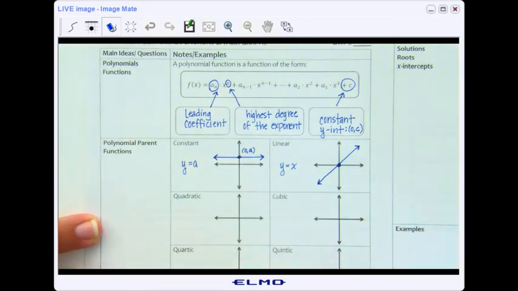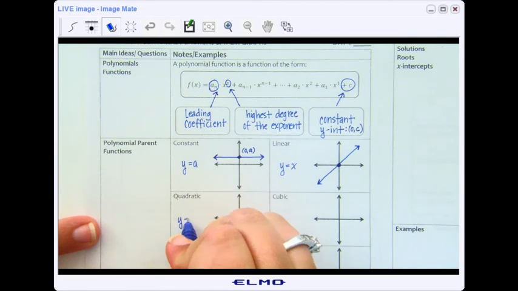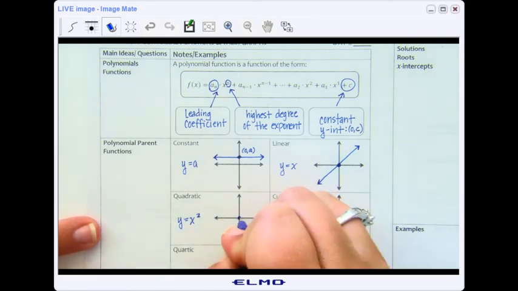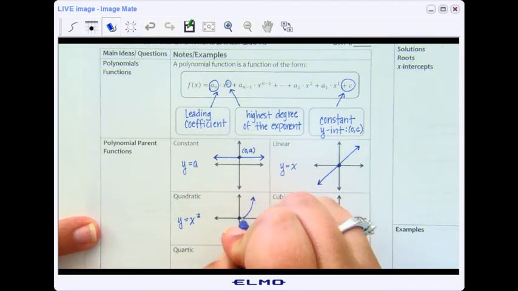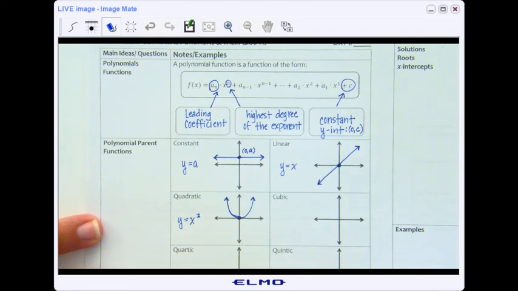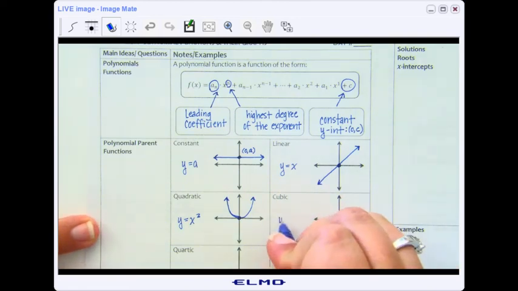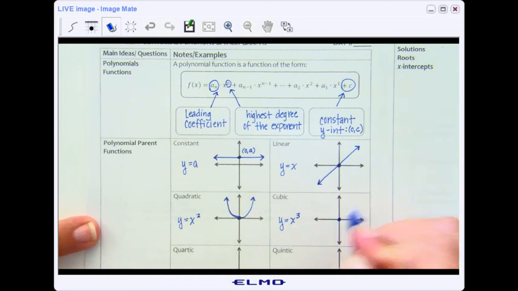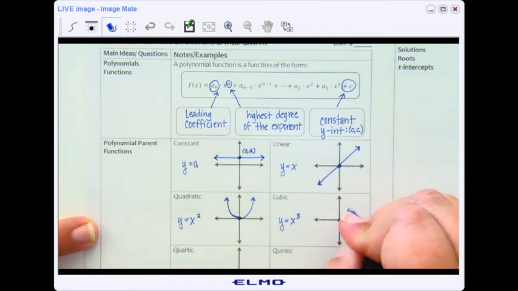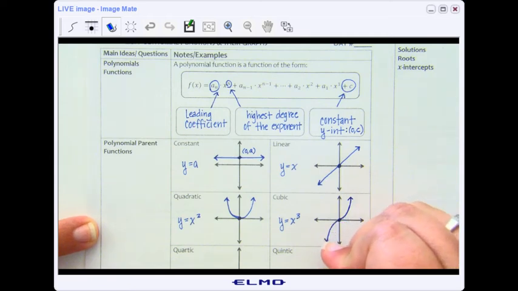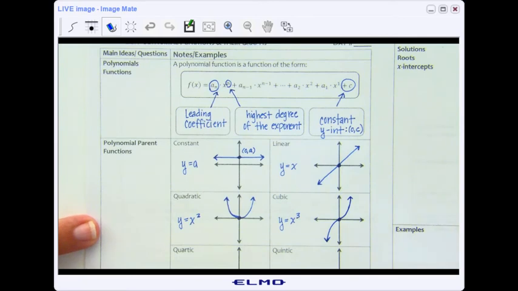A quadratic function, as a parent function, is the graph of a quadratic. It has that indicative U shape to it. A cubic function, y equals x cubed, passes through the origin and has the same behavior as the graph of a linear function, but visually the graph is different.